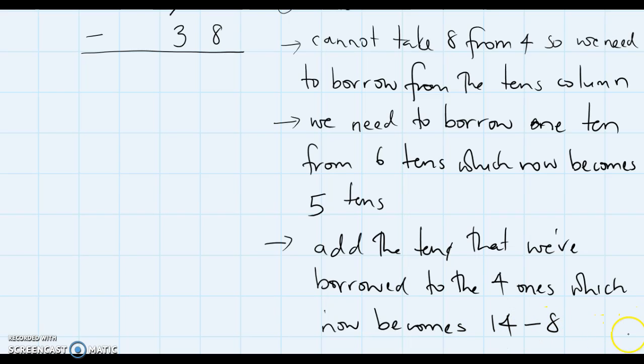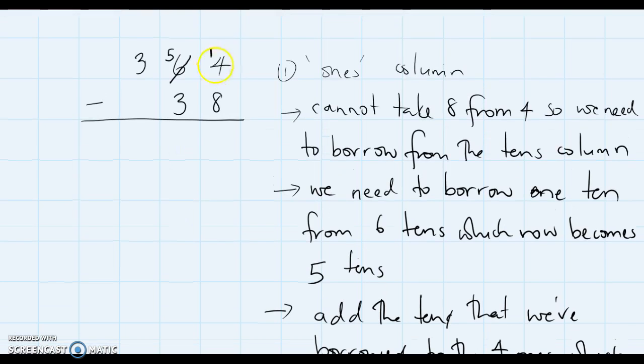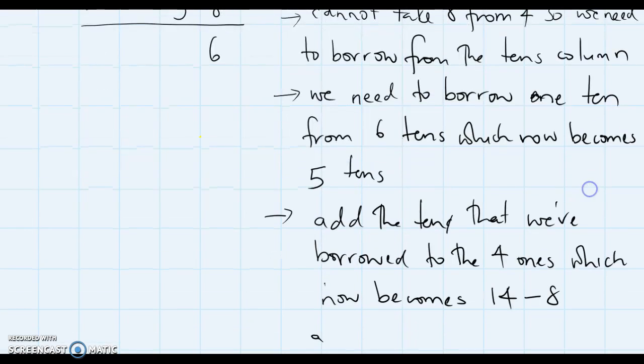Okay, let's go back here. So now it goes back in the ones column. 14 take away 8 equals 6.